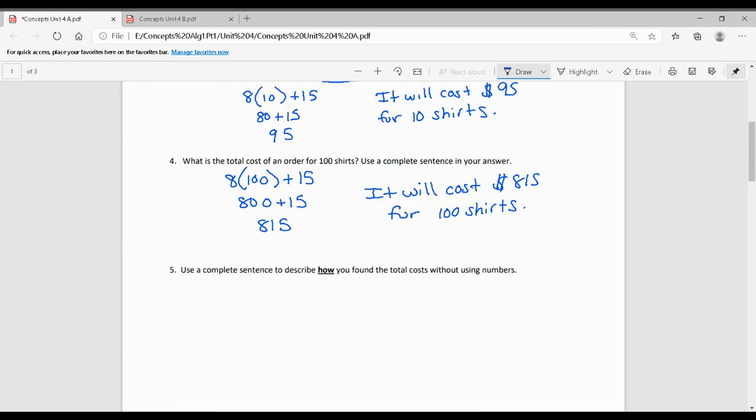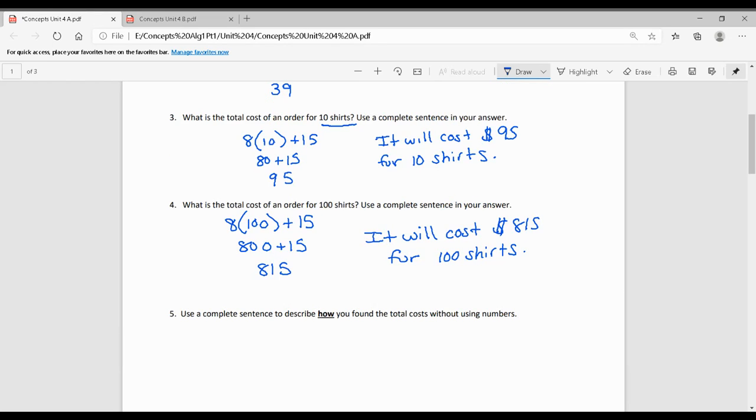Okay. Does anyone want to tell us how they came up with their sentence? Anyone feeling confident and willing to share? Anyone at home? All right. I'm going to call on people to do different parts.